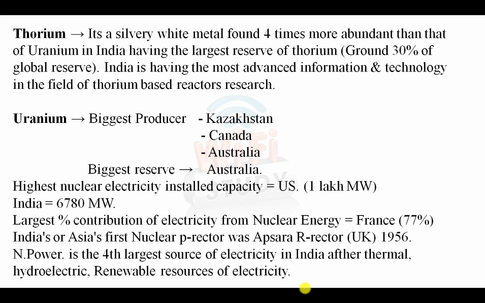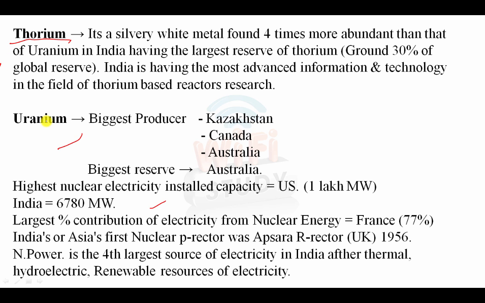In India the largest reserve of thorium is there, about 30% of the overall thorium, and India has the most advanced technology in the field of thorium based reactor research. So India has 30% of the total thorium of the globe, and so that's why India has the most advanced research in using thorium. So this is thorium.